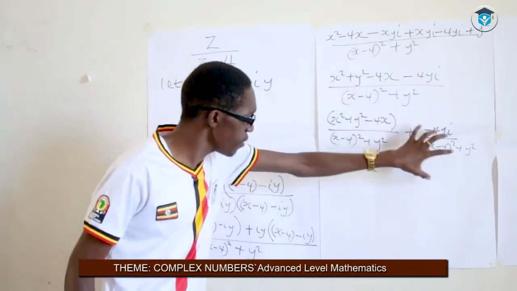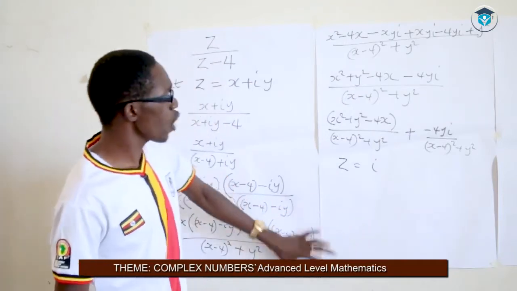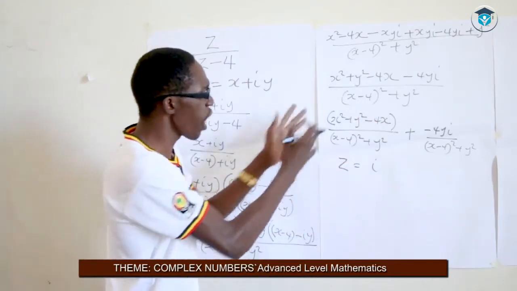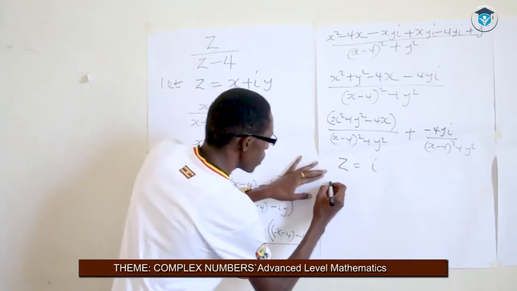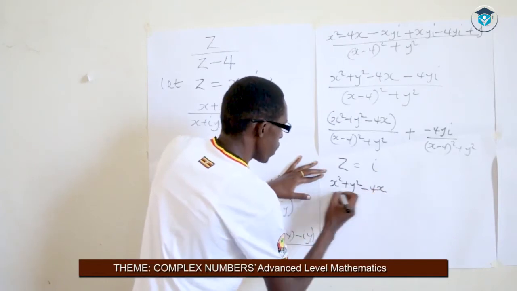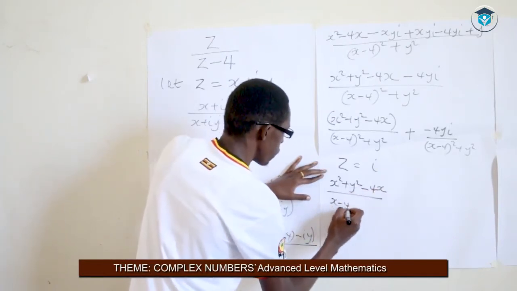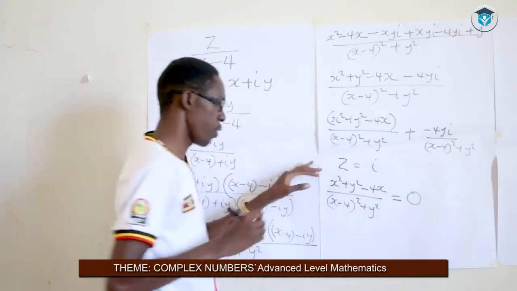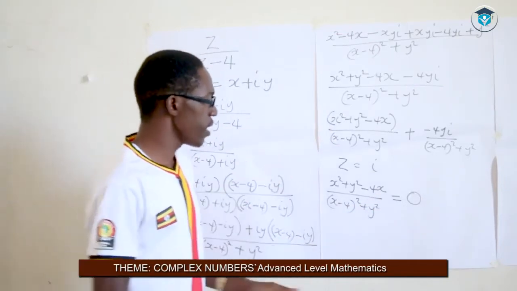So if we reach this level and it is purely imaginary, I go to the real part and equate it to 0 because I don't need to have it. So I will say (x² + y² − 4x) over ((x − 4)² + y²) equals 0, because they have told me it is purely imaginary.